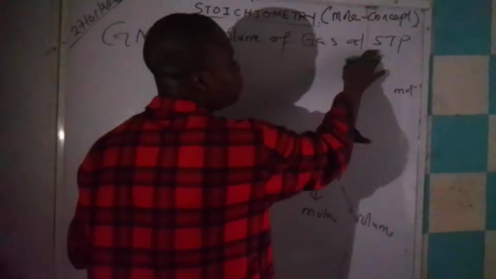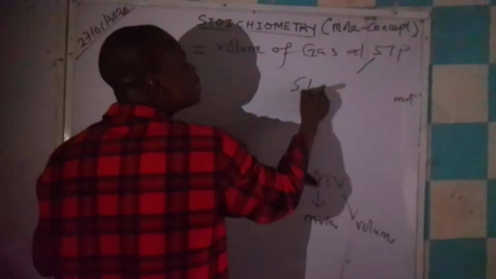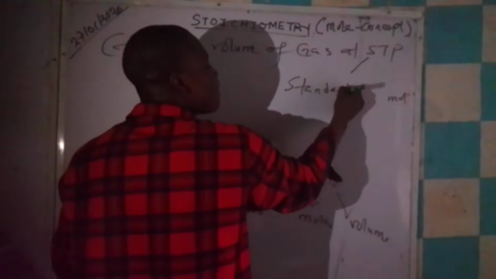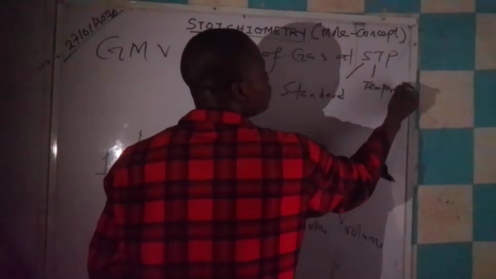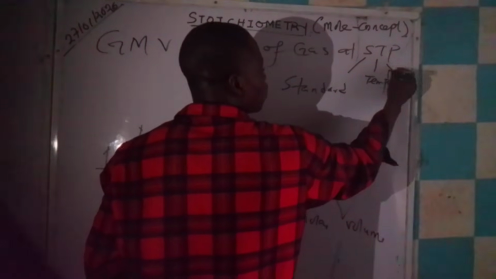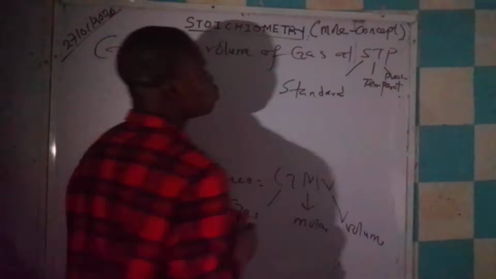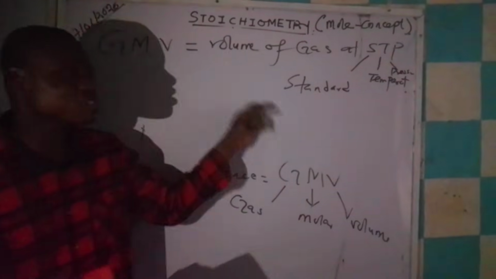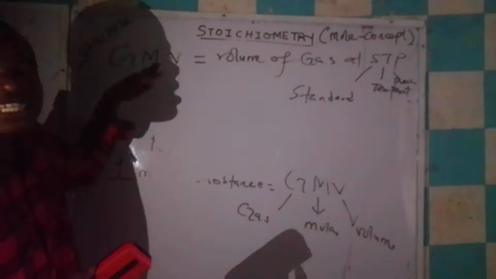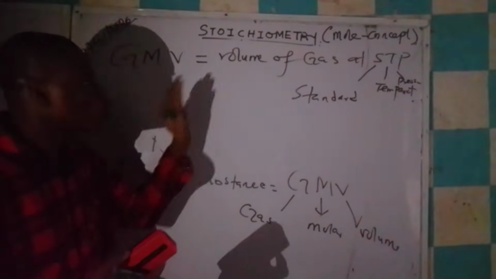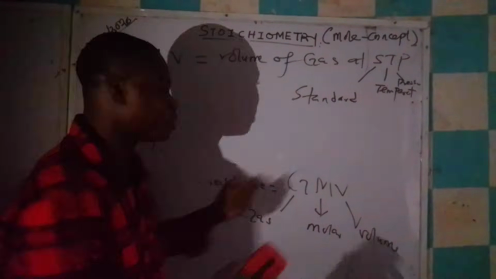And anywhere you see STP, it means standard temperature and pressure. So GMV means gas molar volume, which is called the volume of the gas at STP.